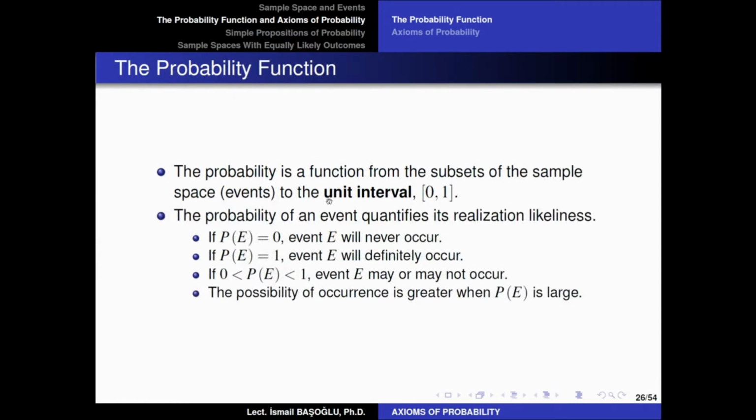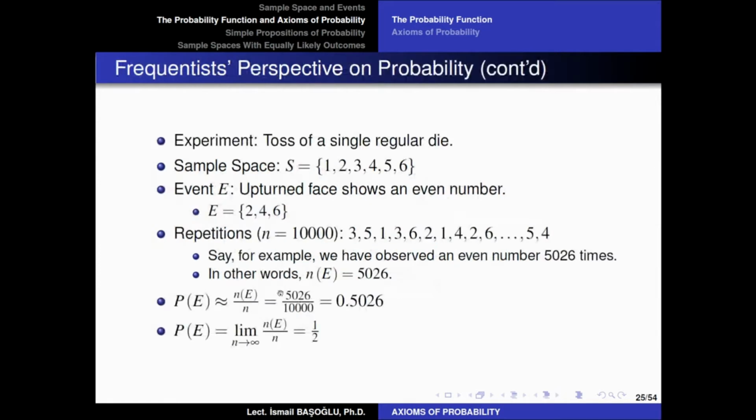Now that we have understood it, first of all, a probability is only defined for events which are subsets of the sample space, right? So a probability is converting a subset of the sample space into a number within the unit interval. Because this ratio will always be between 0 and 1, right?